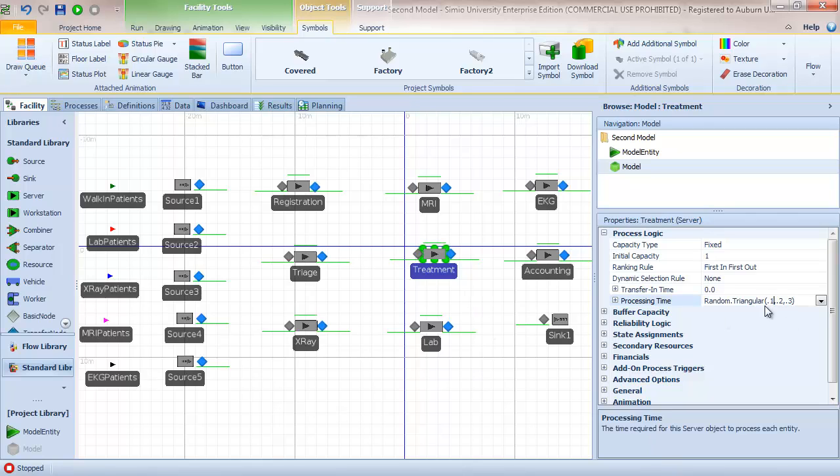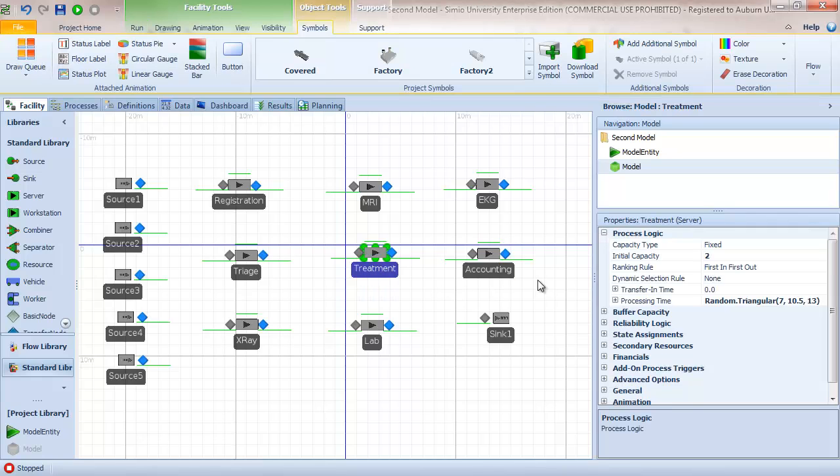So we go to treatment, make it capacity 2, and let's do 7.5, 10.5, 13 for our symmetric triangular.